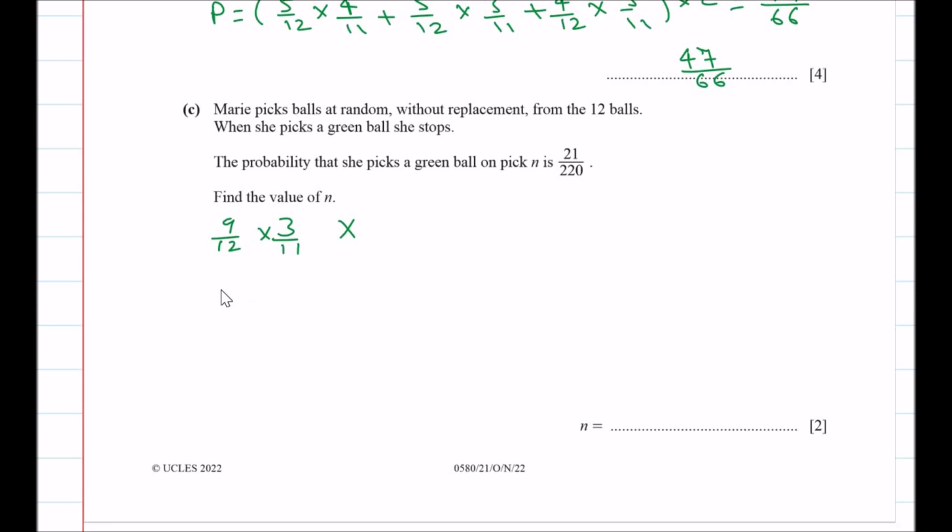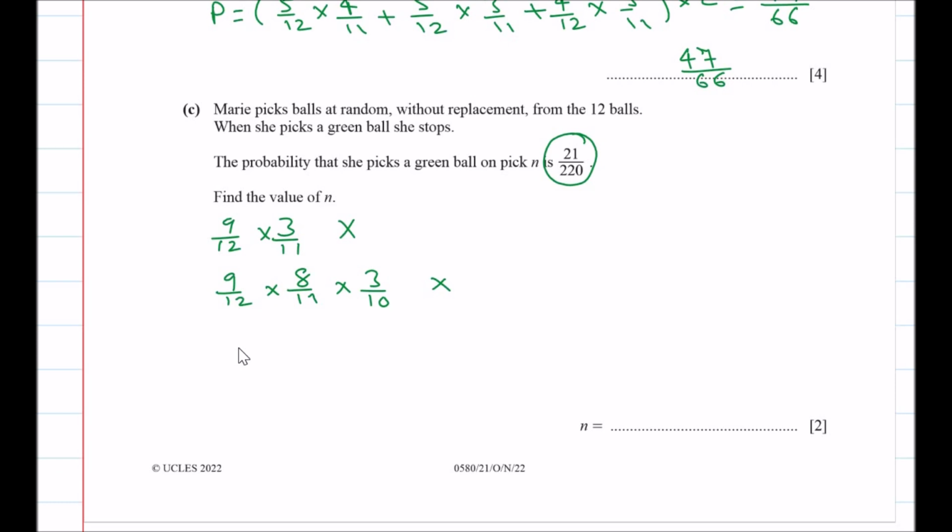This will not give us the value of n. Now let's try 9 by 12. Suppose second time it becomes 8 by 11 and then 3 by 10. So this will reduce. So this also is not giving us 21 by 220. This answer should be 21 by 220, and that will give us the value of n, which is the pick.